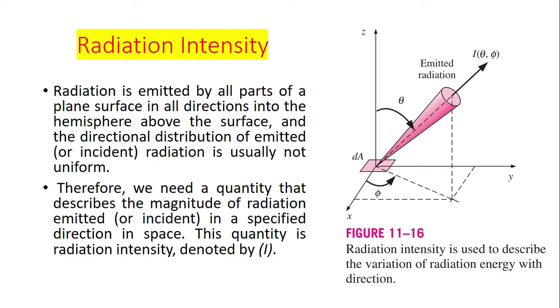In the opposite case, if we have a real surface, we need to specify the directional dependence, and we also need to specify the size of the opening through which the radiation is emitted. We need to define the intensity in the case of real surfaces. This is all about describing the emitted radiation in the case of real surfaces.